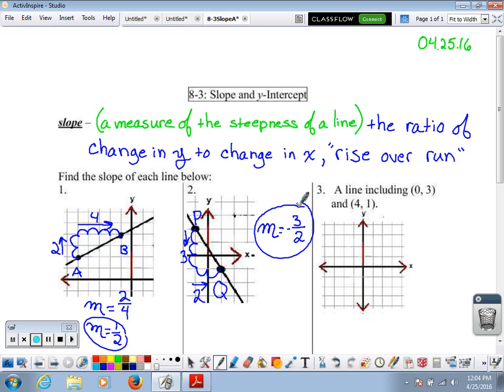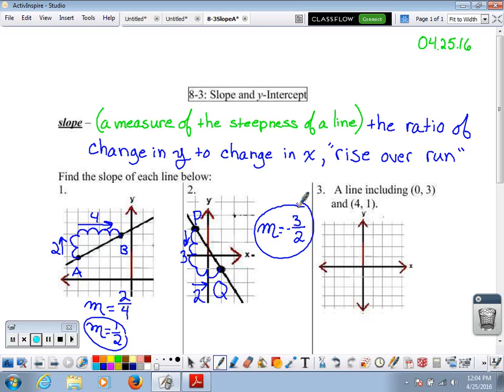The reason is that it's always rise over run, change in y over change in x. So we want to think about that change in y before we consider the change in x. Take care of the top, then take care of the bottom. Good question. And really, Willow, you can do it either way. It's just a really good idea to always do the y first. Pick a pattern and always use that same pattern. Okay?